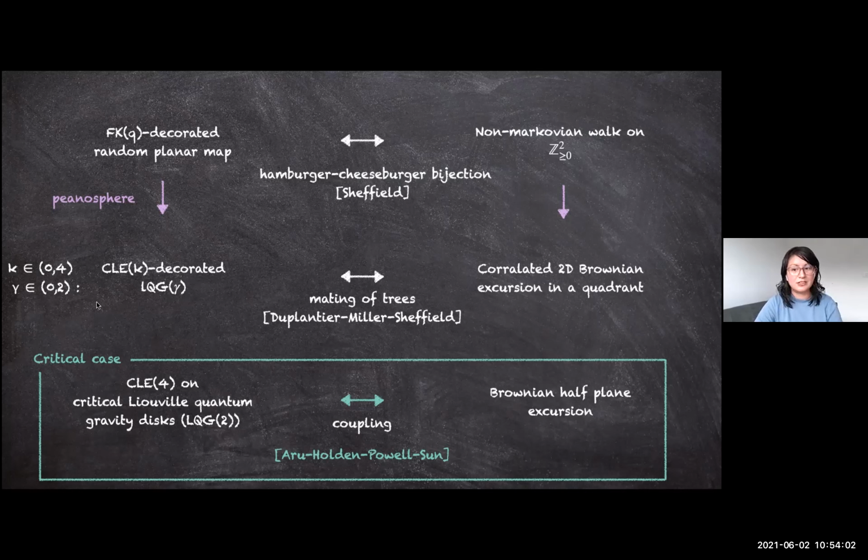They are below the critical dimension, both for CLE kappa and the Liouville quantum gravity with parameter gamma. So here they take the parameter kappa to be equal to 4, and this is the critical Liouville quantum gravity. So it's a special case just on the object that they are considering.